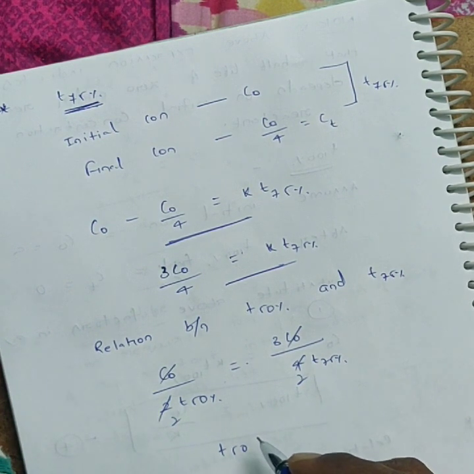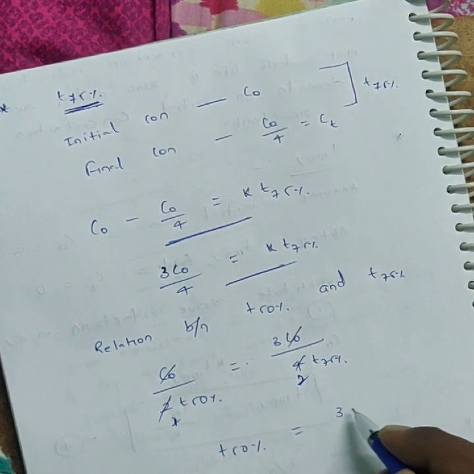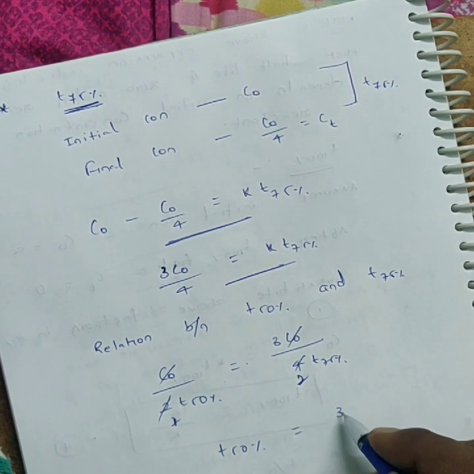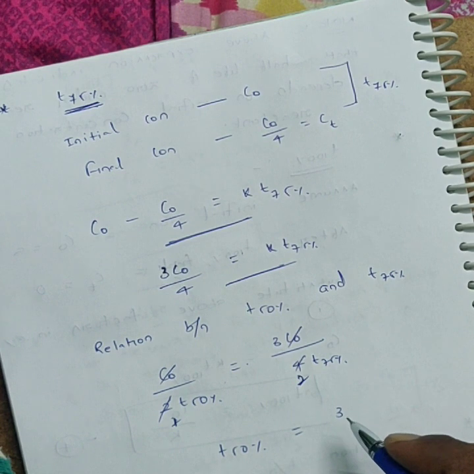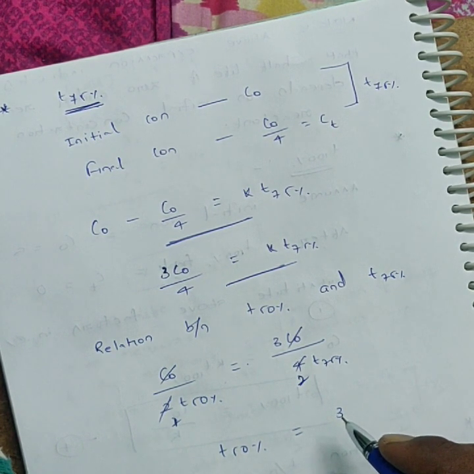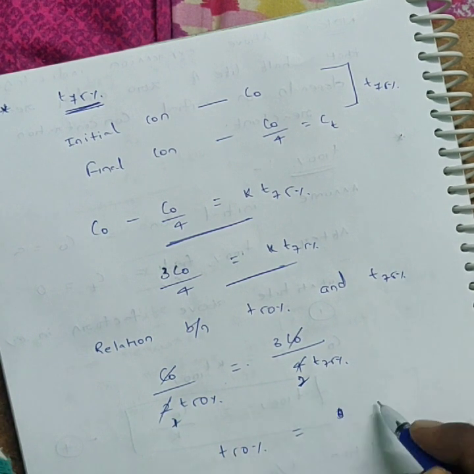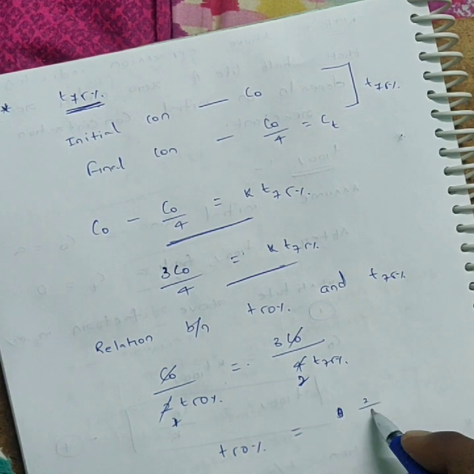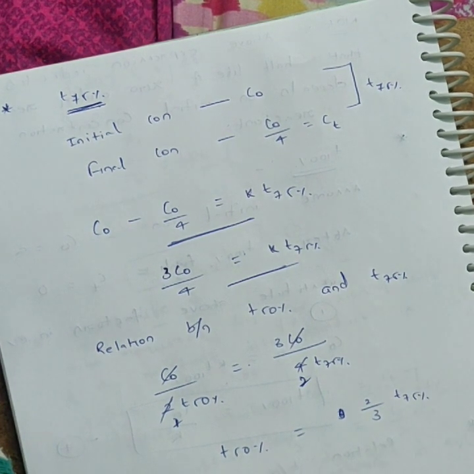Therefore t 50% is equal to 2 by 3 times the t 75%.